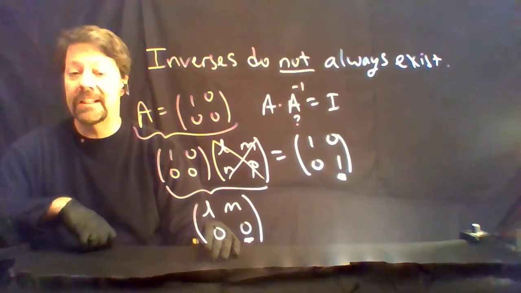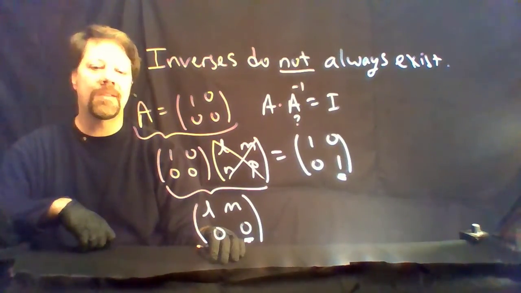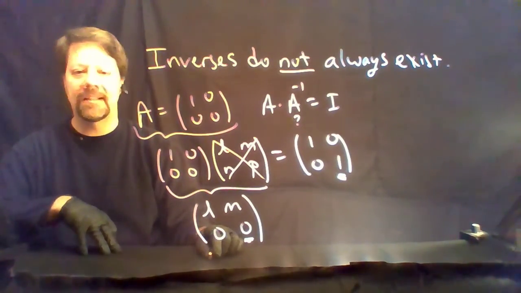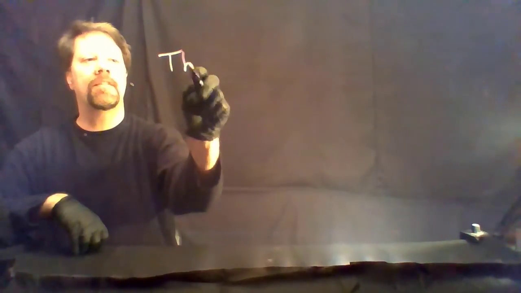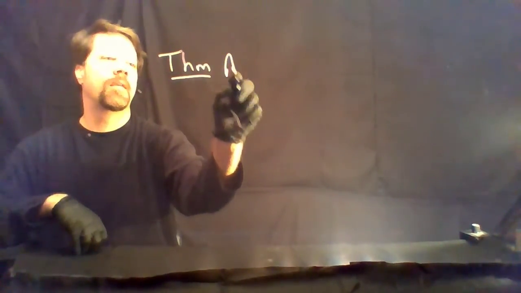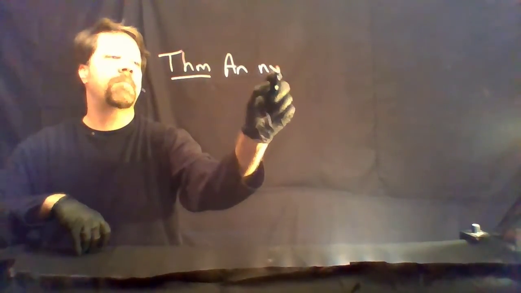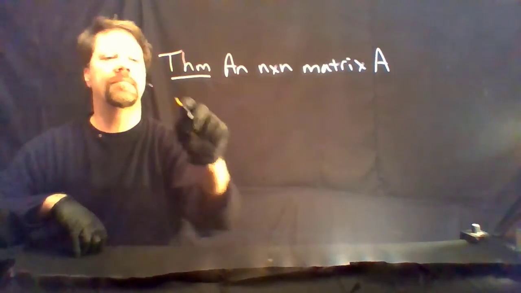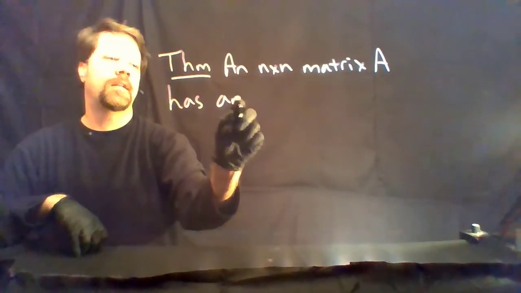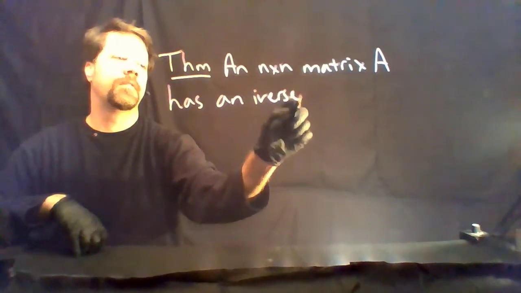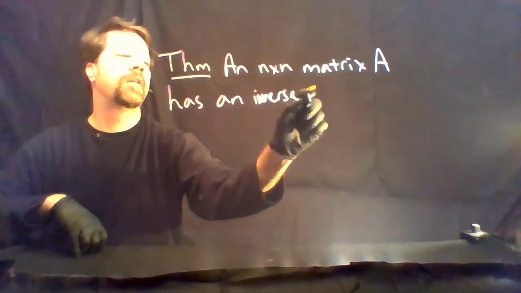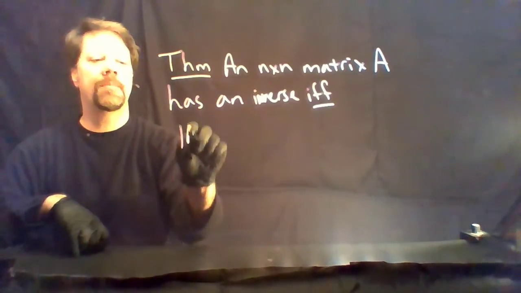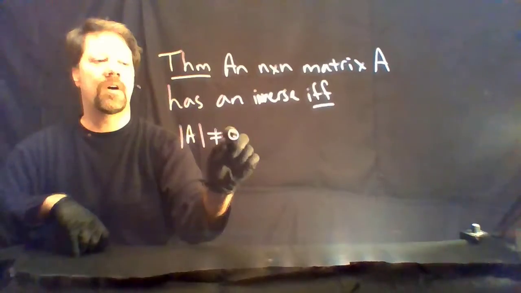It'd be nice to know a condition that you can easily check to see whether or not a matrix has an inverse. Fortunately, that condition does exist. It's well studied in linear algebra. We'll write this as a theorem. An n by n matrix A has an inverse if and only if the determinant of A is not 0.